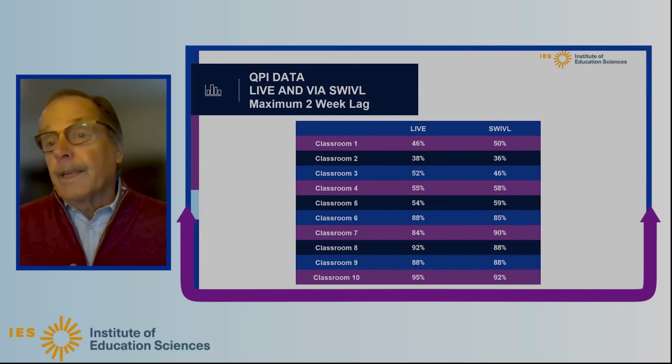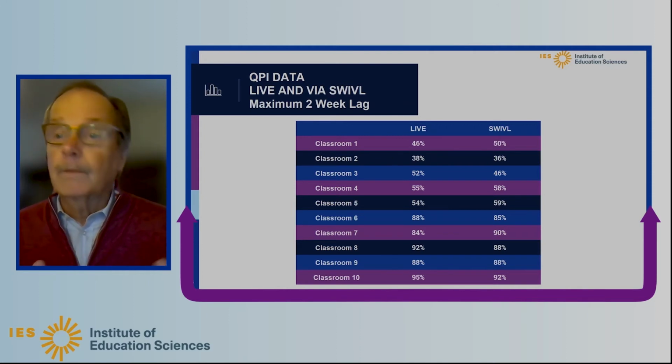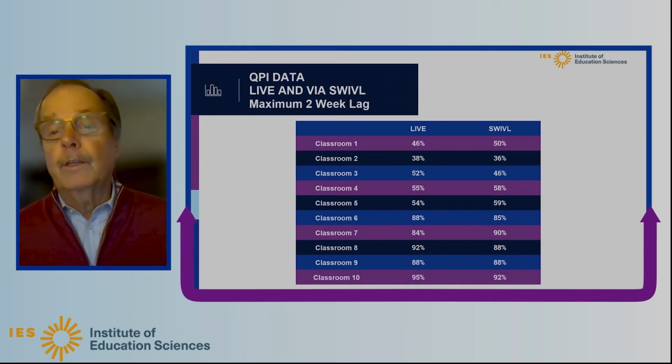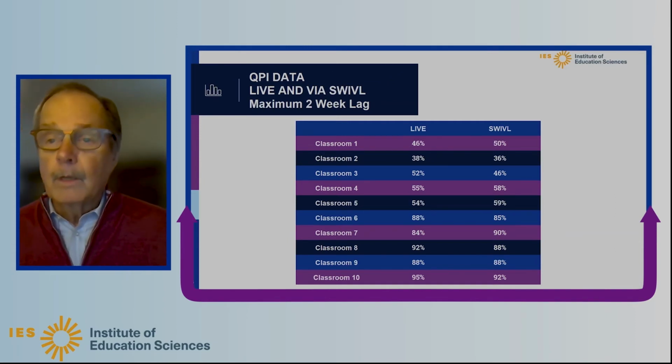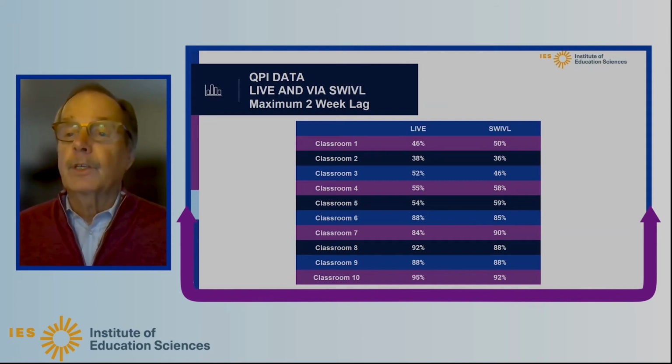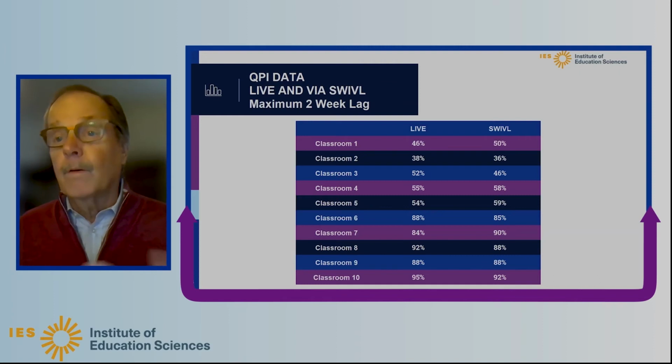So we saw, again, very little variability, if you will, that could be attributed to whether or not we were getting data on classroom quality implementation, either live or via Swivel.